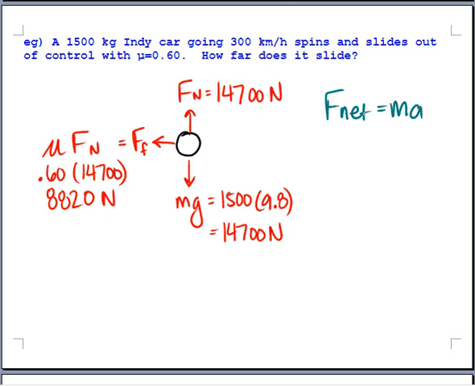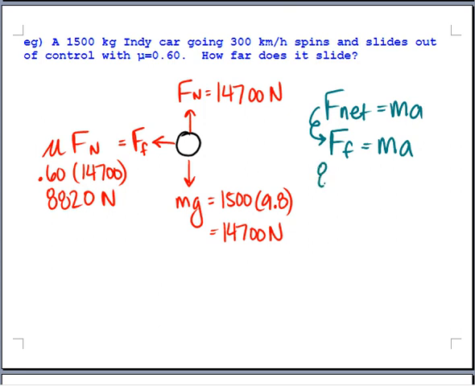And that means the net force for a skidding car is actually just the force of friction, which is pretty darn cool. So this is a special case. You can't always say this in any question, but for a skidding car question, the net force is the force of friction. So pretty slick.